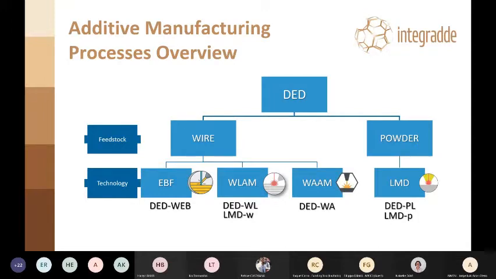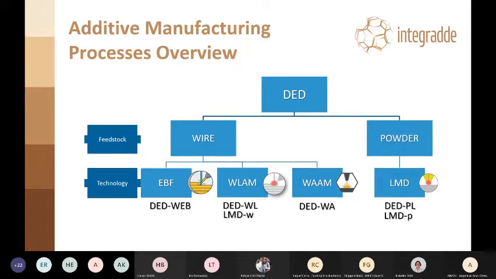As other presenters have shown, there is a lot of different nomenclature for all these processes, depending on the feedstock and the technology we use to provide the energy beam.